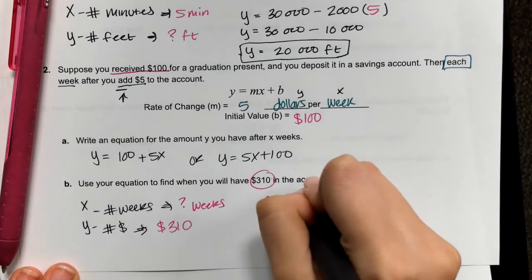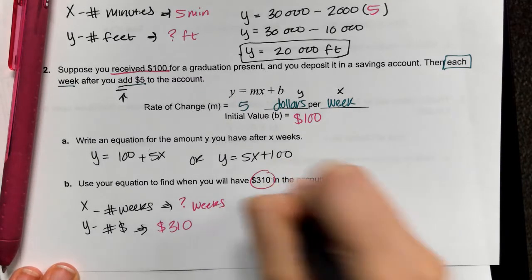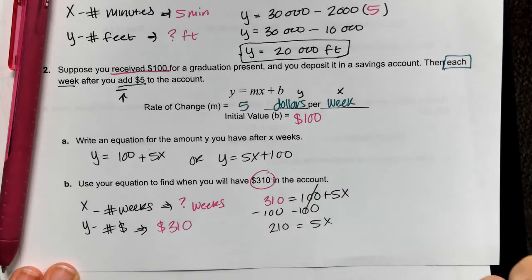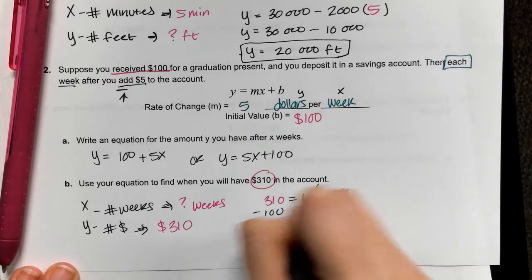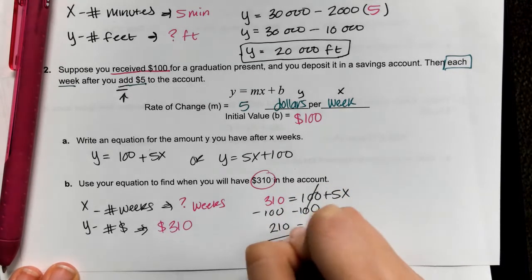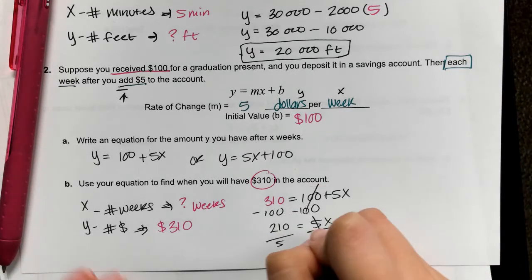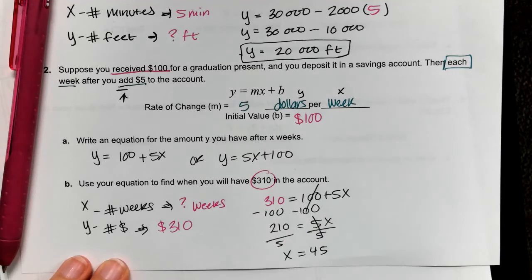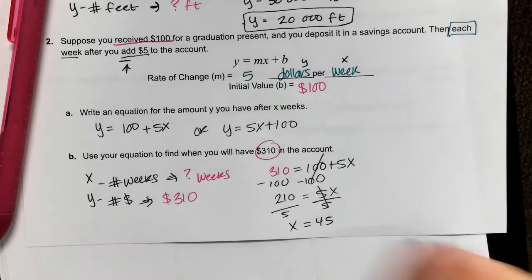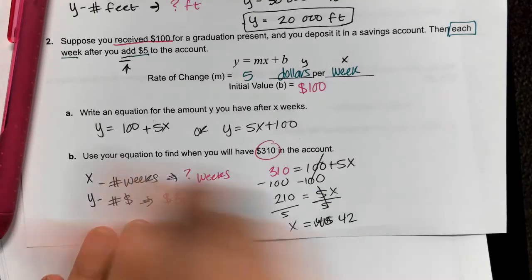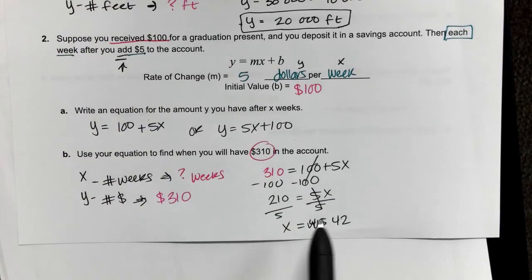And then from here, you're solving equations. I'm going to subtract 100 from both sides. That leaves me with 210 equals 5x. Divide both sides by 5, and you will get x equals 42.